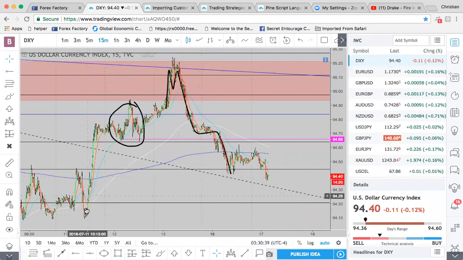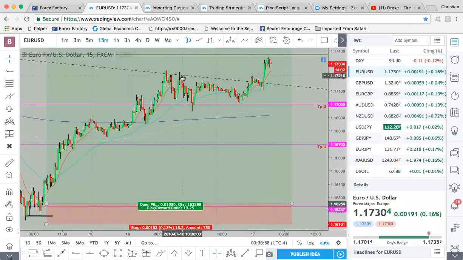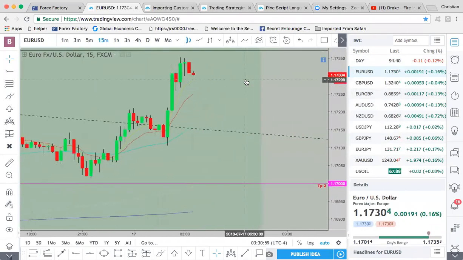As we see here, we got this resistance break, and this could be the retest. If that becomes bearish.